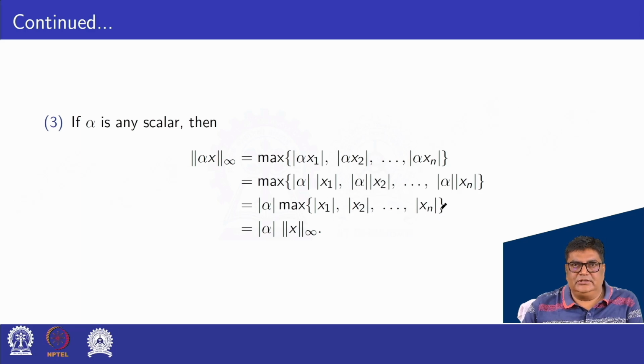So this can be written as norm x infinity as per the statement. So norm alpha x is equal to |alpha| norm x. Third condition of norm satisfied.